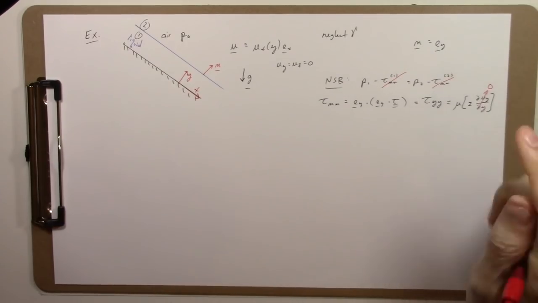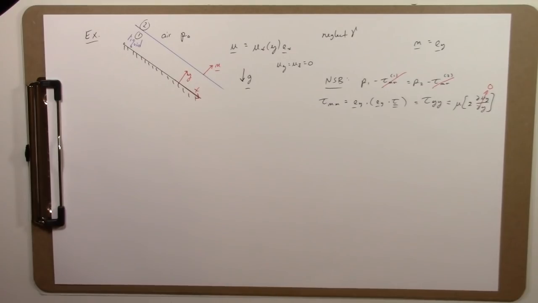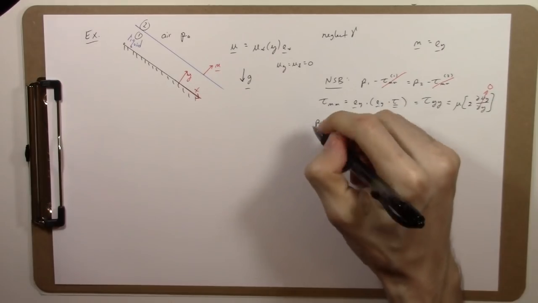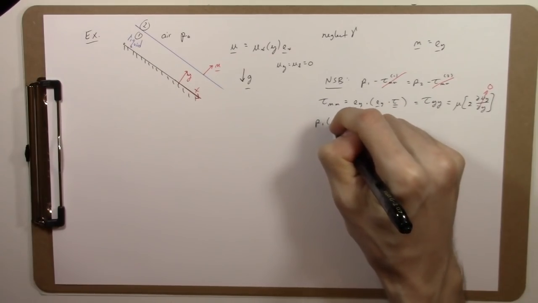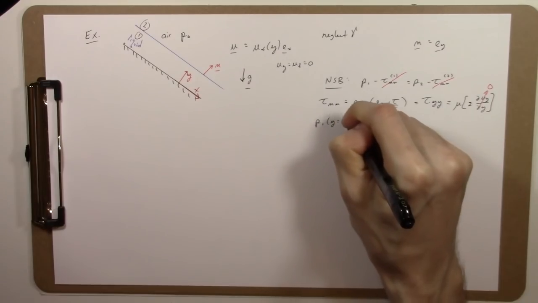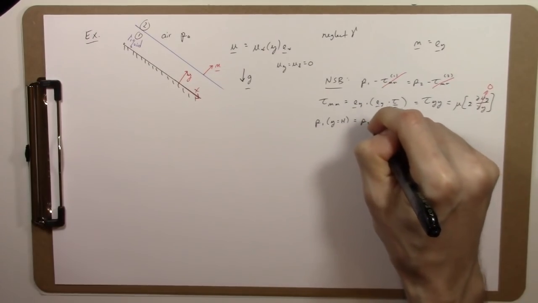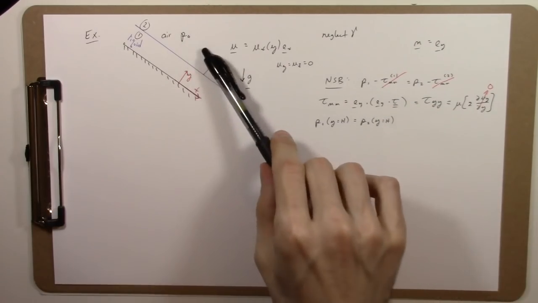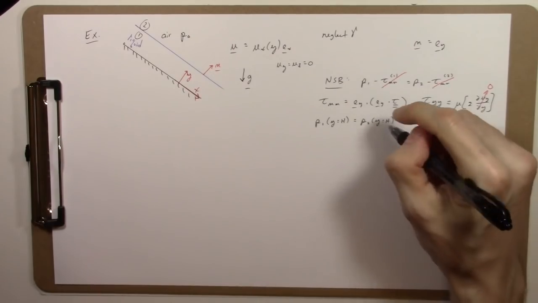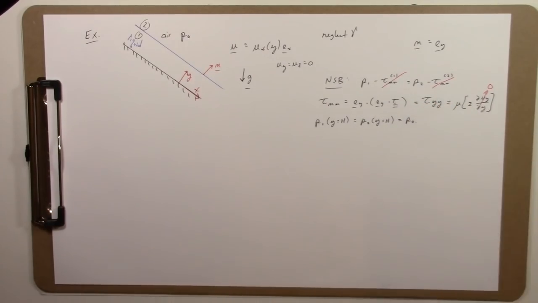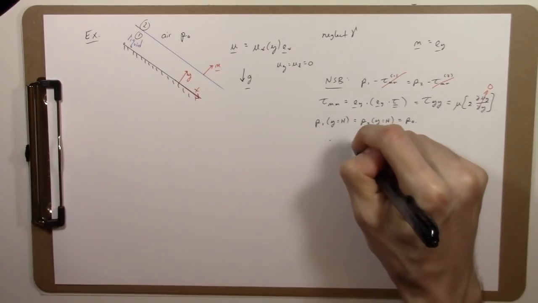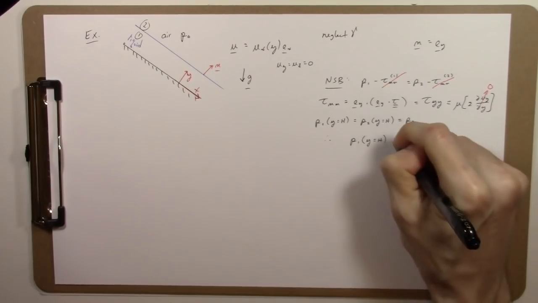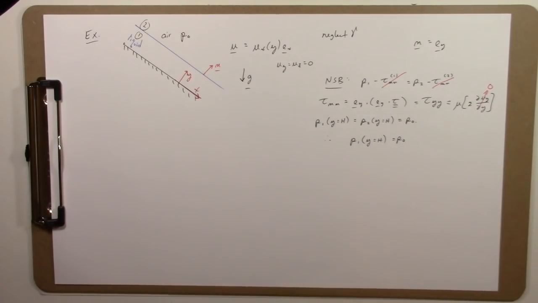And so, as a result, what this tells us is that the pressure in fluid 1 at the interface at y equals h is equal to the pressure in fluid 2 at y equals h. And the air has atmospheric pressure, basically everywhere, right up to the interface, and so this is equal to P naught. So the conclusion is that the pressure in a liquid P1 at y equals h at the interface is equal to P naught.